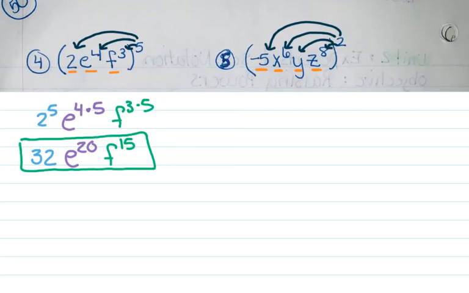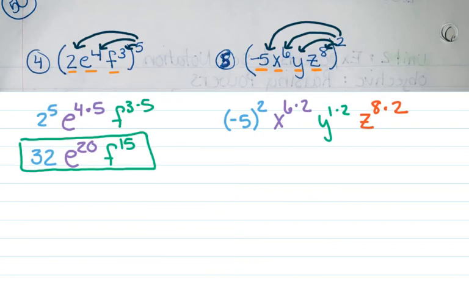So I'm going to get negative 5 squared, x to the 6 times 2, y, this is a 1 times 2, or just y squared, and then z, 8 times 2.